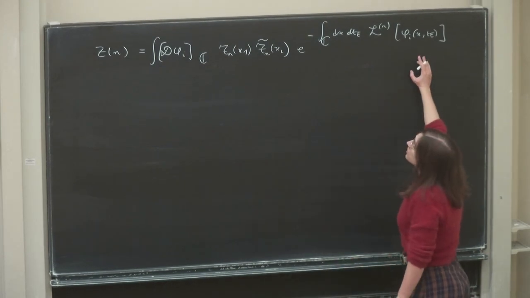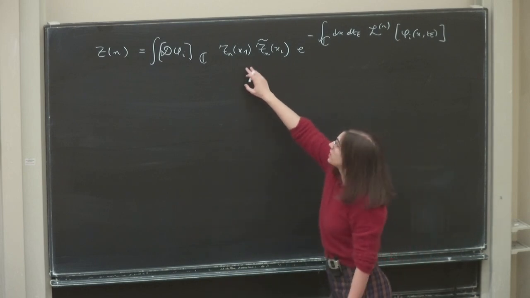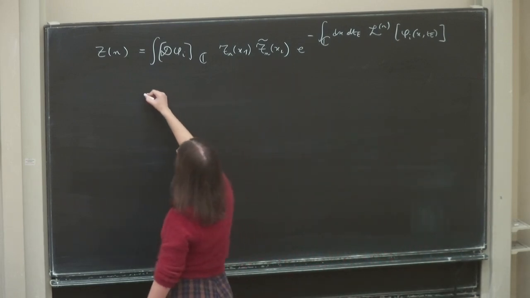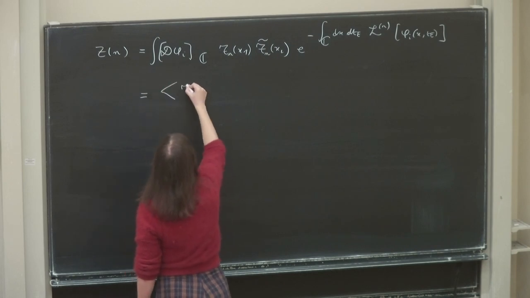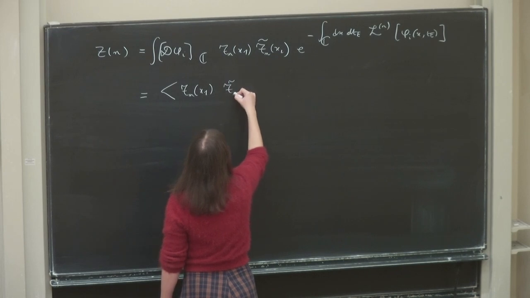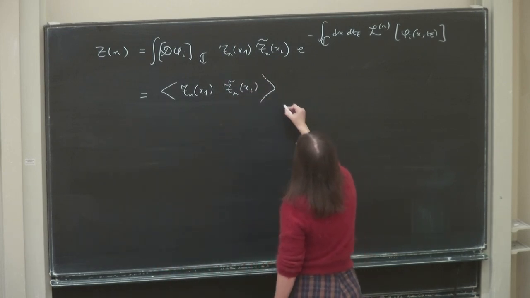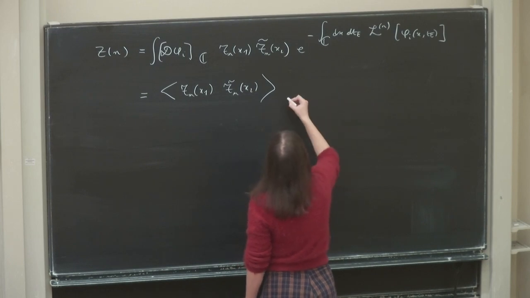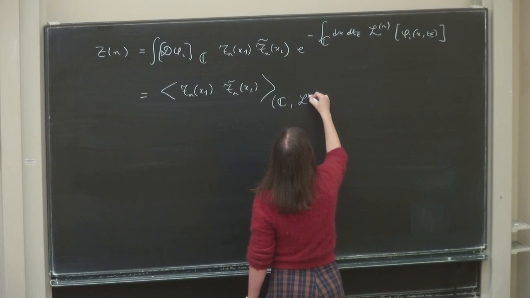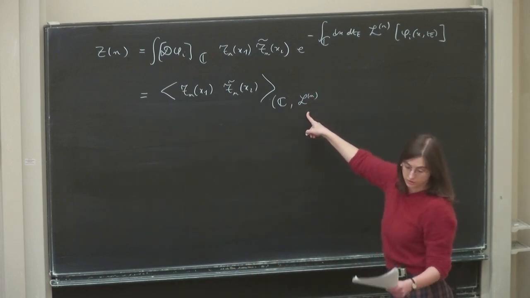Just as a formula, you'll remember that if you have operators inserted in your path integral, this is just a correlator. So we can write this as the correlator of the twist field here at x1 and the twist field here at x2. This correlator is evaluated in the theory which has C as worldsheet and this Lambda n as Lagrangian.